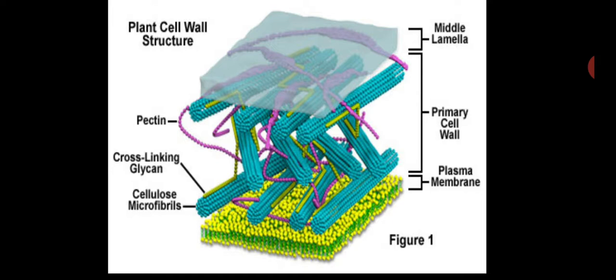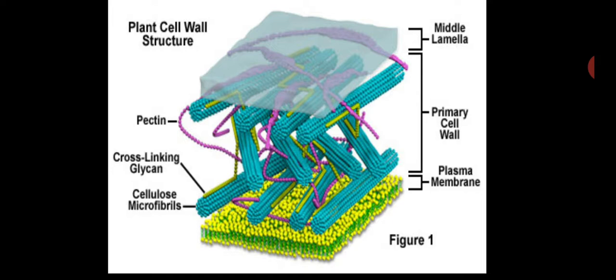The middle lamella forms just after nuclear division. After nuclear division, in between the two daughter nuclei, there is the phragmoplast.